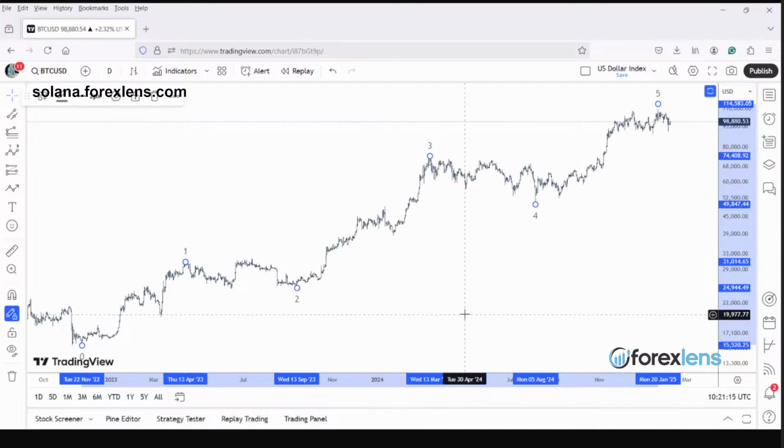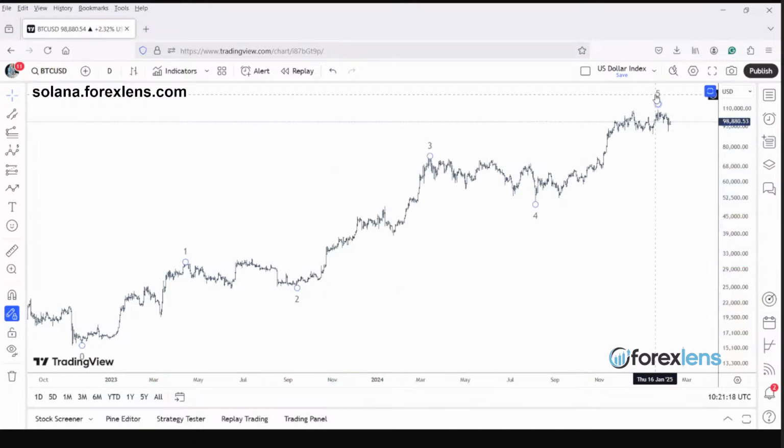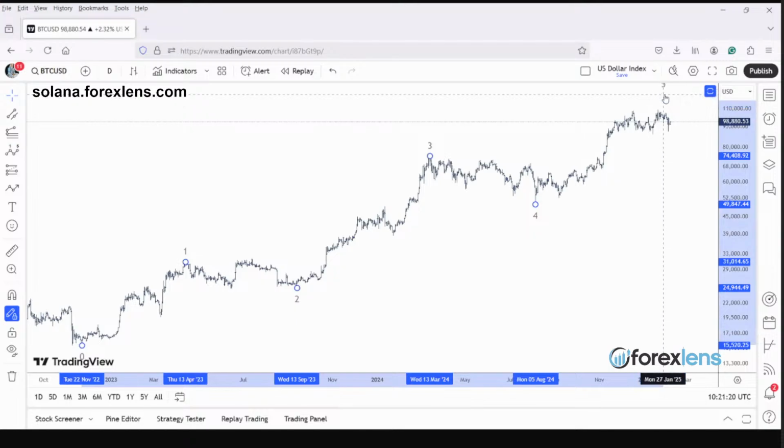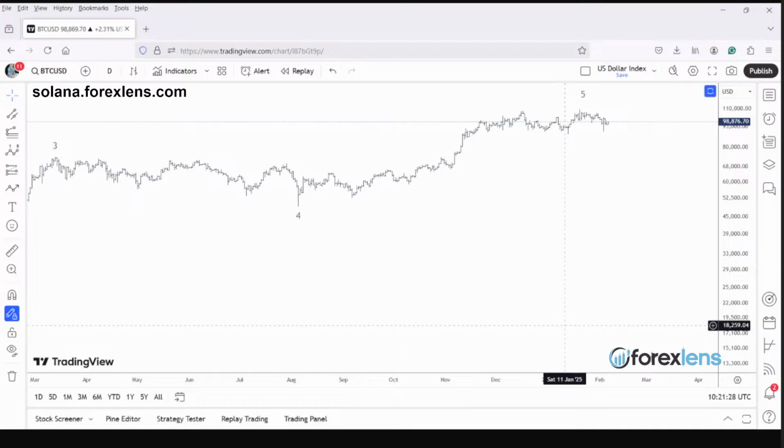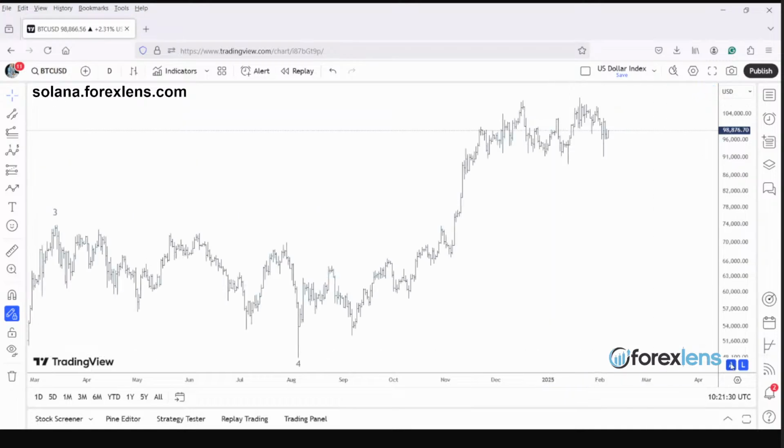The only thing is that it didn't carry through 115, which was expected by the Fibonacci ratios as well. Now, if this is 5, and if you look at the sub waves of wave 4, that is also completing 5 waves.